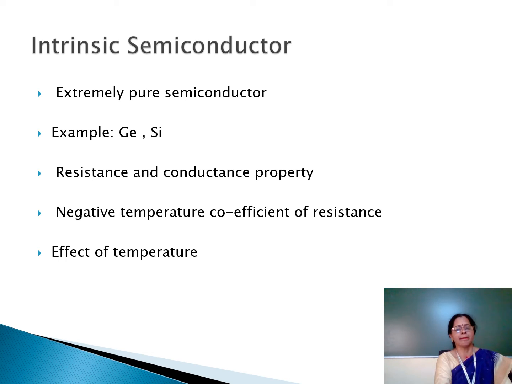So from the temperature point of view, keeping in mind the temperature is not a suitable method to convert the semiconductor to a conductor. We have to use some extra techniques. The intrinsic material is not used directly for manufacturing any device.